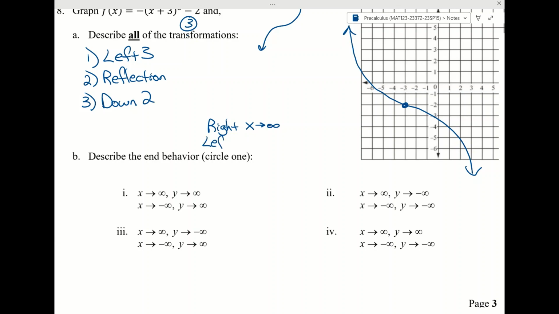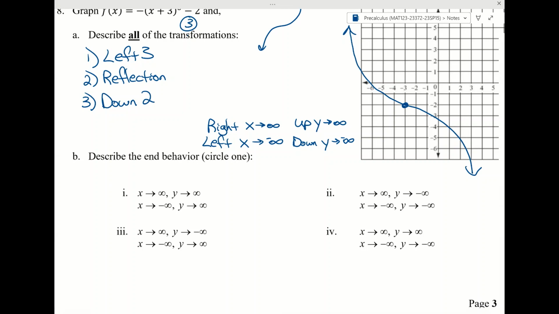The left side of a graph is when x goes to -infinity. And every option has that. What we have to figure out is, is the graph going up, meaning y goes to infinity, or is the graph going down, meaning y goes to -infinity? So let's figure this out.